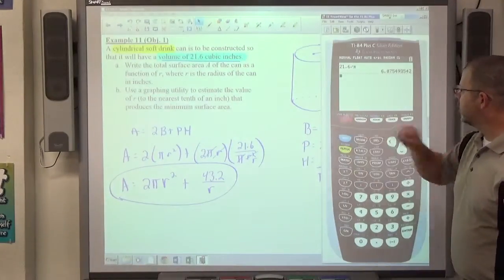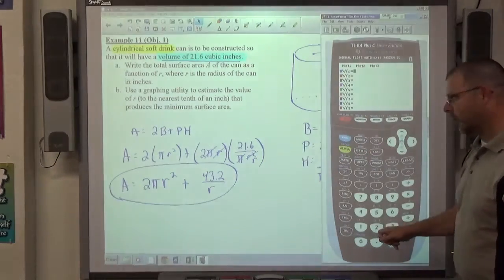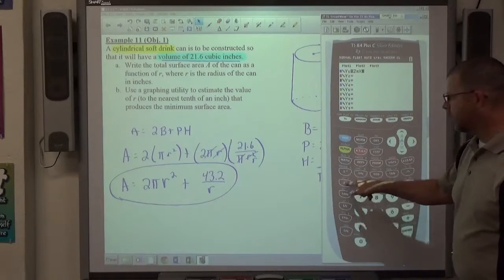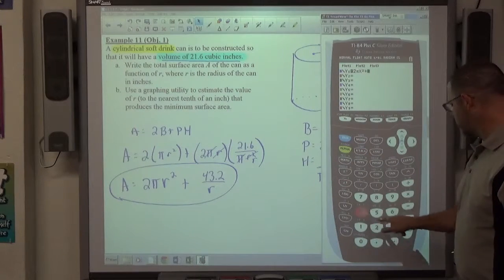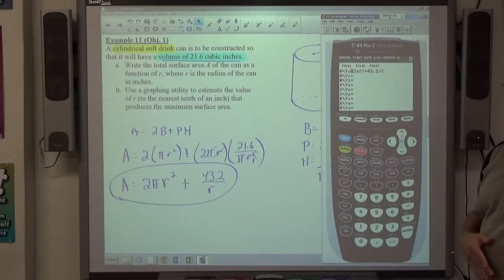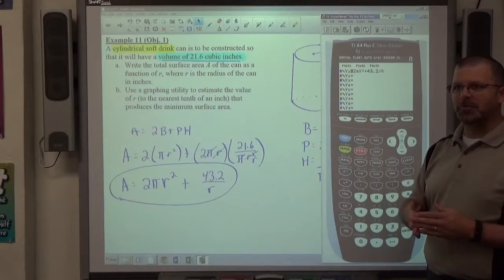So I go to my calculator and type in my equation, with x's instead of r's, because my calculator doesn't know what r is: 2 pi x squared plus 43.2 divided by x. Notice the divided by x makes it a rational function. We're dealing with a real world example here. The radius can't be negative, so 0 would be the minimum.